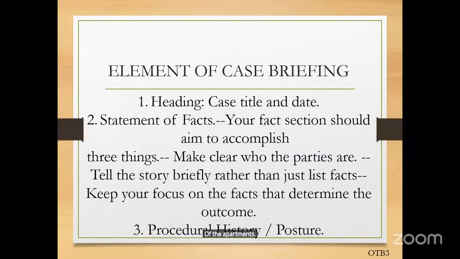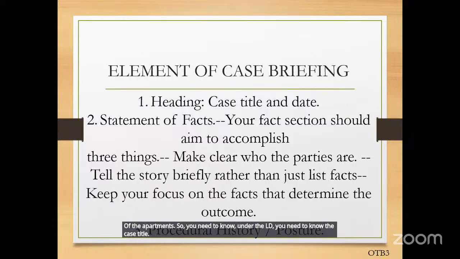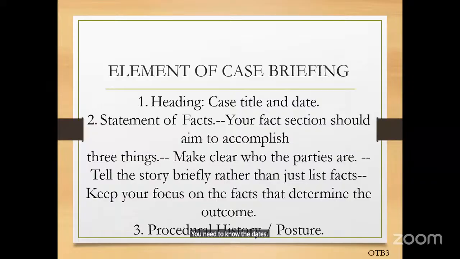So under the heading, you need to know the case title, the court name, and even the date the decision was taken. Most times, the judgment of the court will exhibit the date that the judgment was delivered.